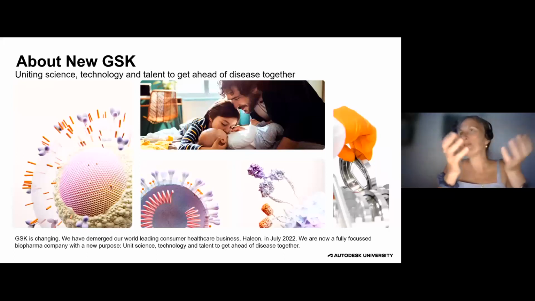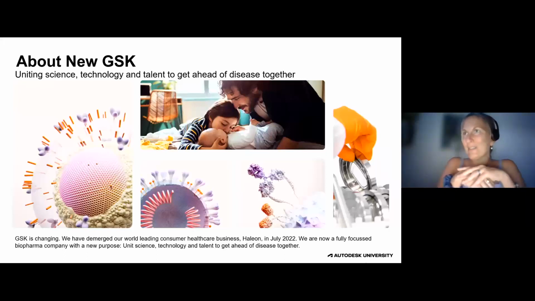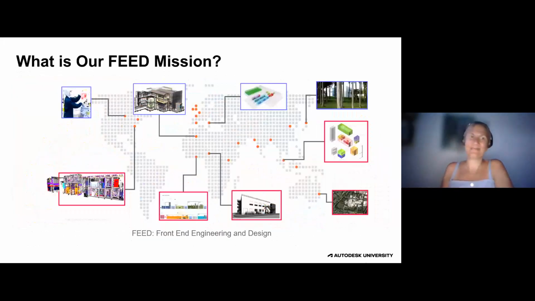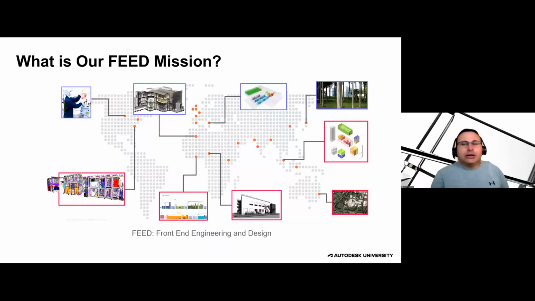Here you see the new branding and the new mission statement of our company, which was publicly announced. And so now we are new GSK. Yeah, it was a great moment in July, really engaging and motivating. But we said that we are from front-end engineering and design. So what is the main activity and the purpose of our organization?